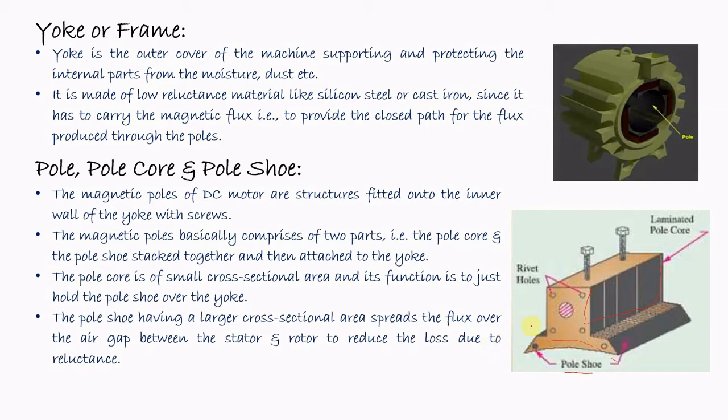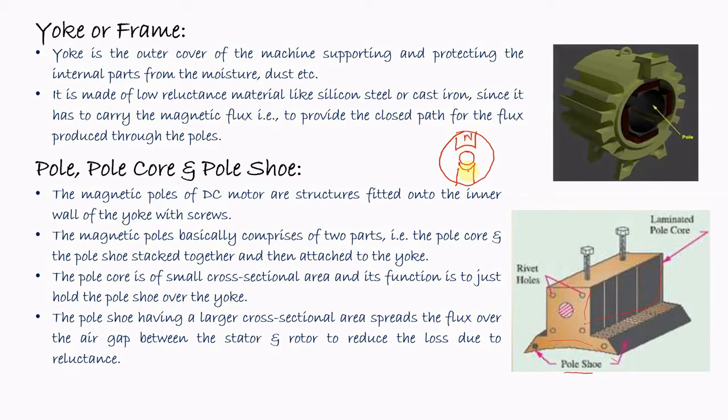Basically, when the magnetic field is produced in the pole of the machine, then this magnetic field will cross the air gap and it will cut the rotor. If we see the figure, this is the pole with pole shoe and this is the rotor.